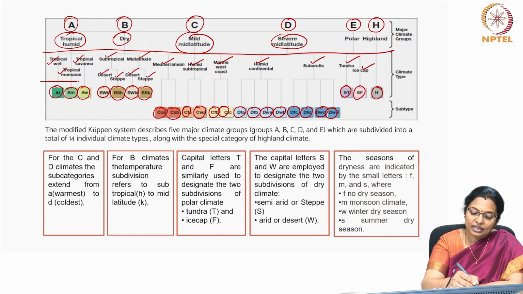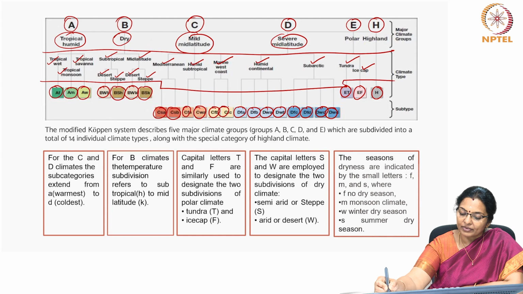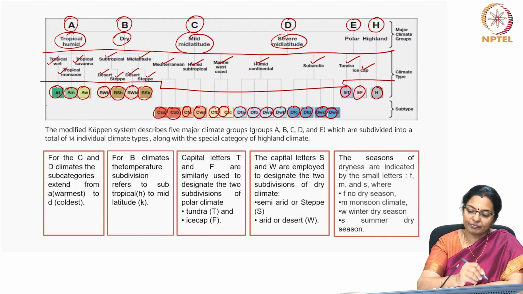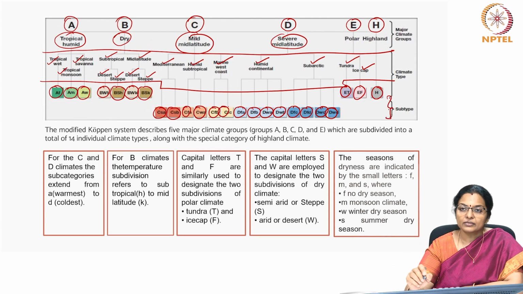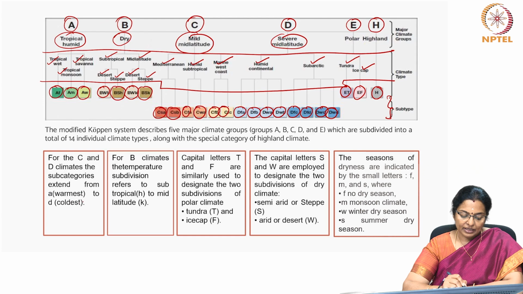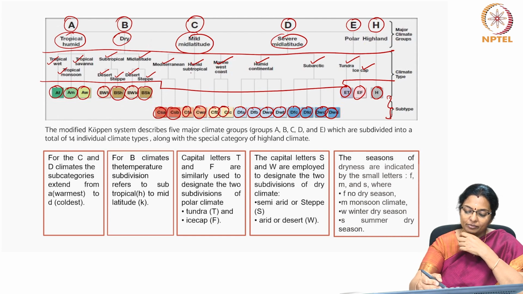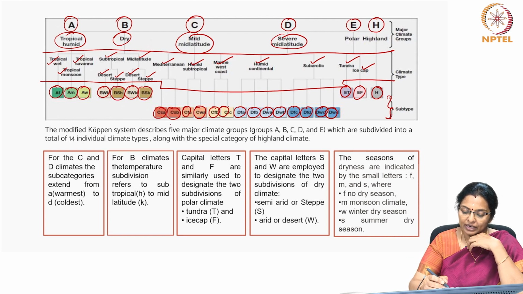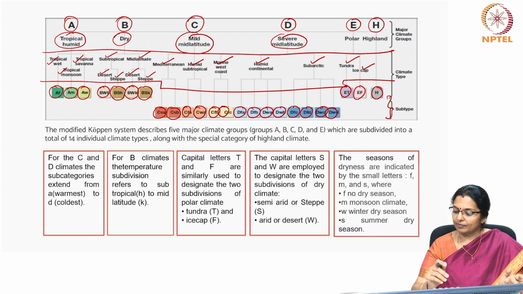So, for C and D climates, the subcategories are A is warmest and D is coldest. For C and D, you have warmest and coldest. So, you have a range.